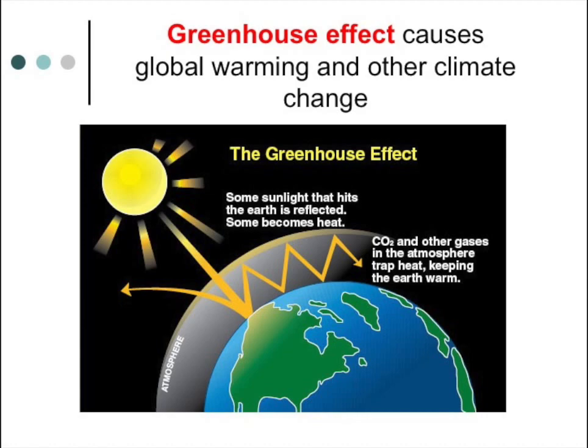This is a natural effect, but what we're seeing is an increase in this greenhouse effect, an enhanced greenhouse effect that's caused specifically by our emission of greenhouse gases into the atmosphere. We understand the science of this very well. There's no doubt that this is happening.